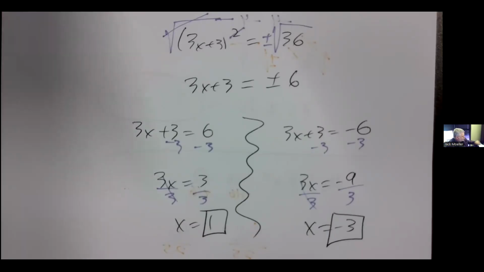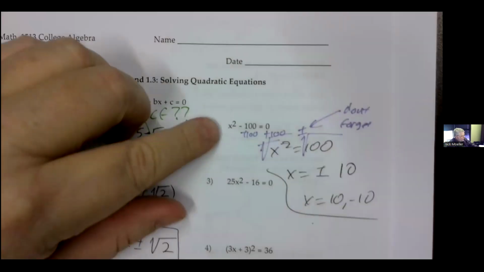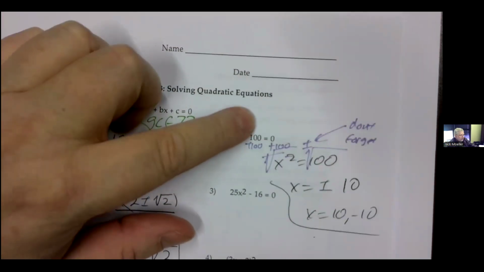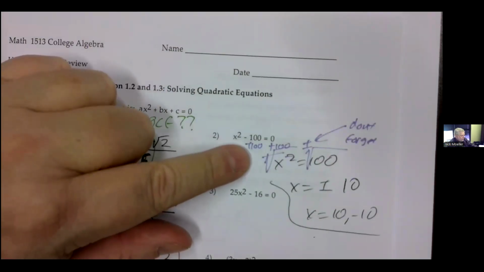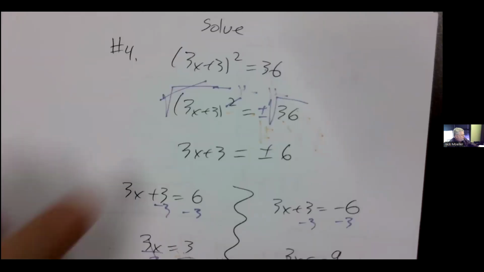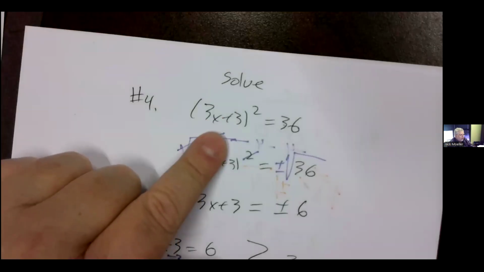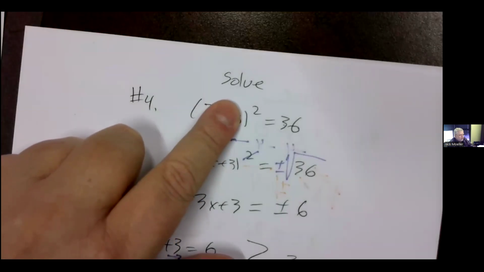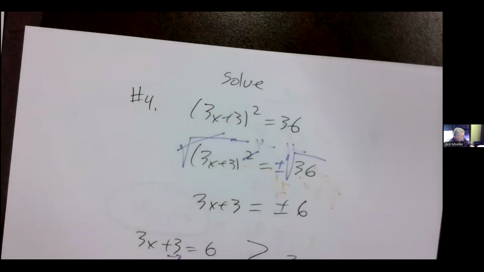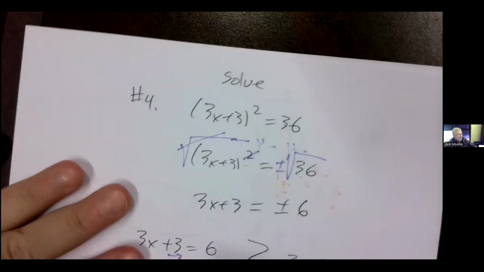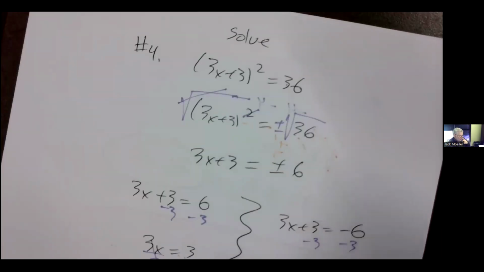Most of the time it is applicable when you have an x squared and a constant with no x term. This is sort of a special case. We have a binomial squared, so that's something squared and a constant. And so that's the more advanced version of the square root property.